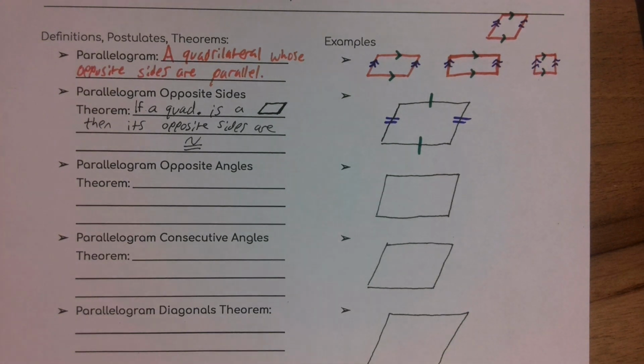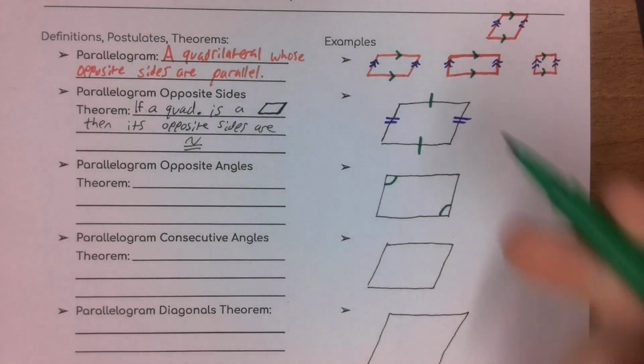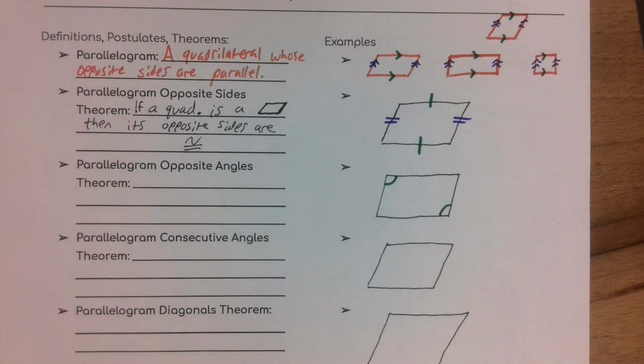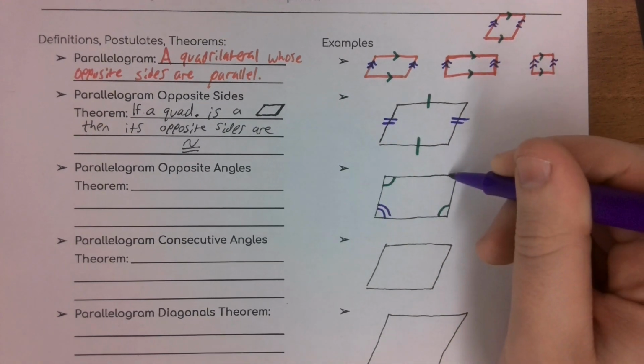So what do you think we can tell about the opposite angles of a parallelogram? Well, if I'm comparing this angle up here and this angle up here, they're opposite because they're across the shape from each other, not adjacent. They look to be the same measurement. Same with these two.